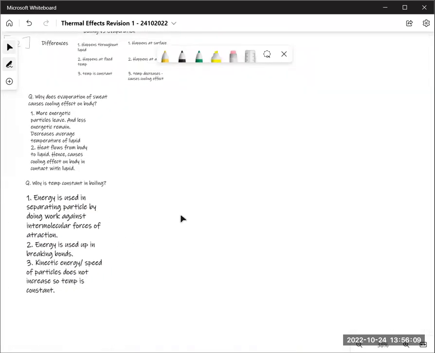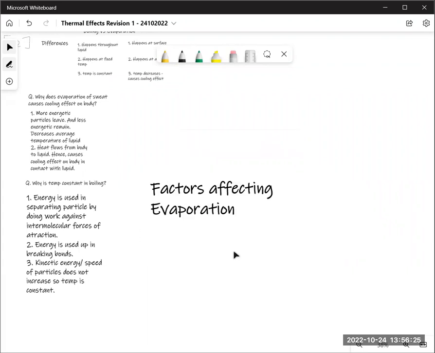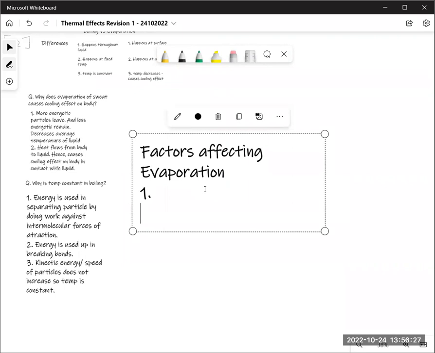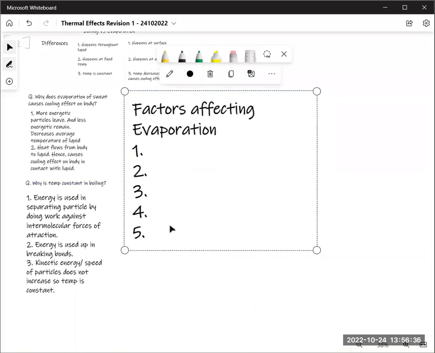No, sir. Are you writing? Yes, sir. Now, one last thing is factors affecting evaporation. There are a lot of things here which they ask you in the MCQ and in theory, lots of times. And perhaps in every ATP experiment, if you're dealing with liquid, you have to mention the precautions about evaporation.